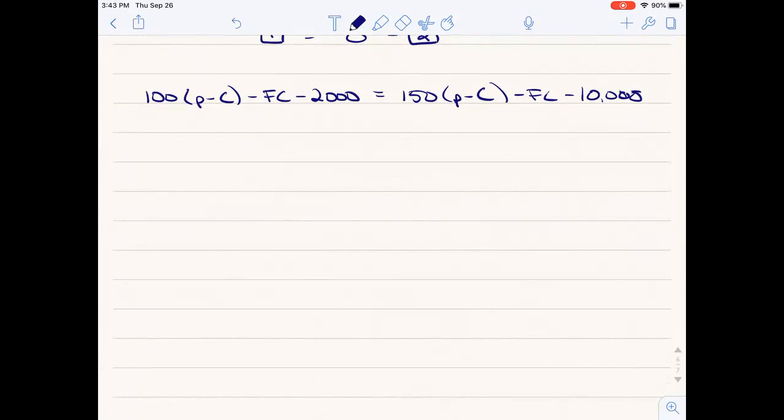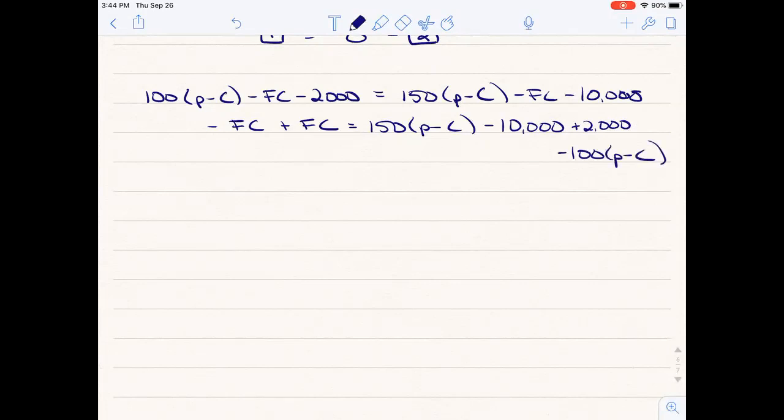So, without further ado, we've got negative FC plus FC is 150 times P minus C minus 10,000 plus 2,000 minus 100 times P minus C. Shifting things over, making drastic changes.